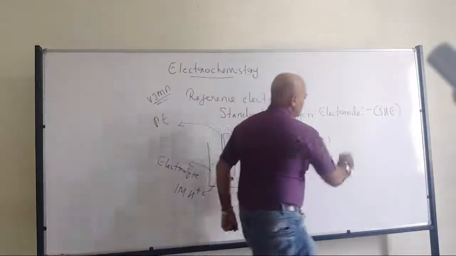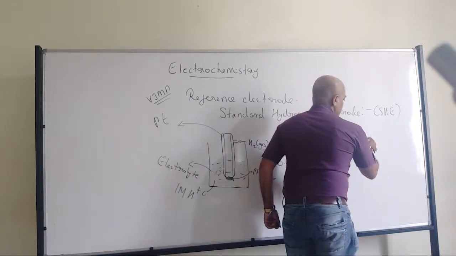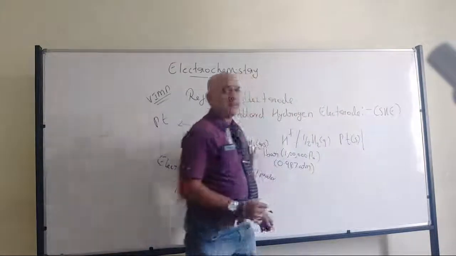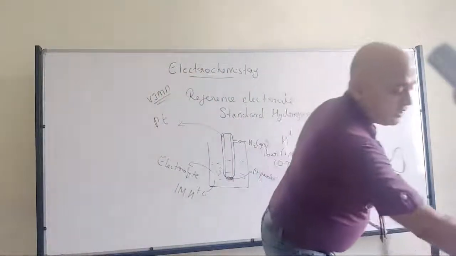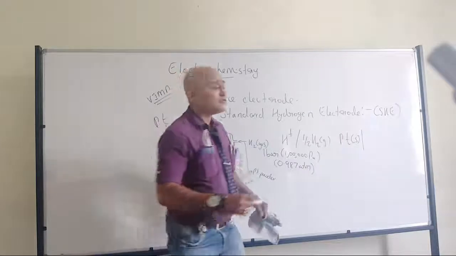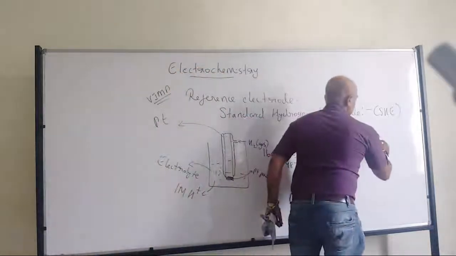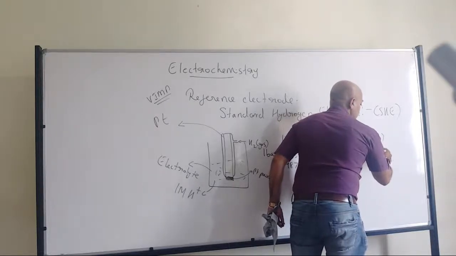So we can mention first platinum, because it is an electrode. Platinum is in contact with what? It is in contact with the hydrogen gas. What is the concentration?